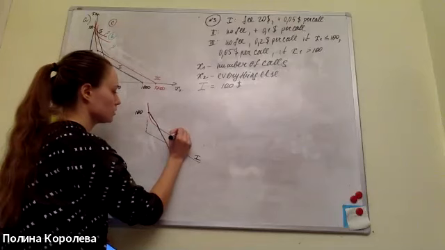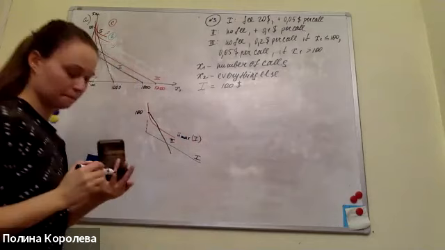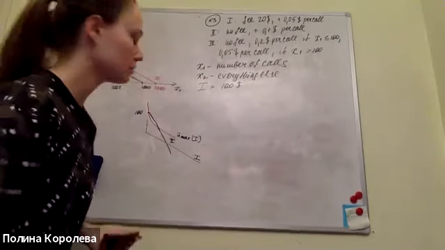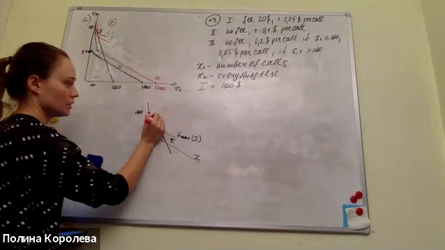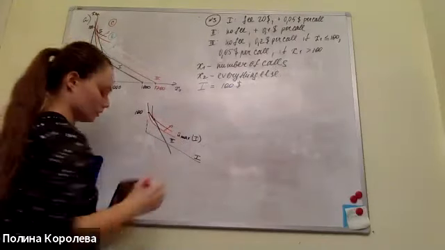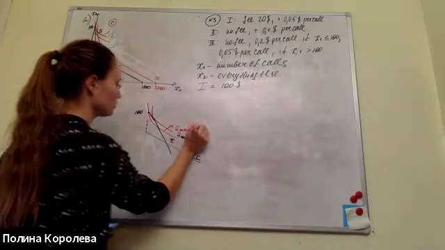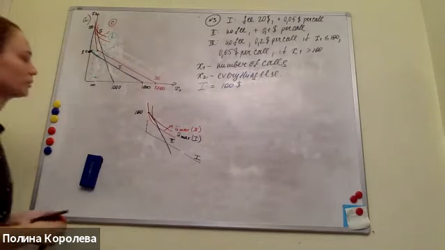Let's write down that this is your maximal utility under option 1. And under option 2, we know that more is better. So where will we move if we choose option 2? Somewhere here. And this will be the maximal level of utility under option 2. That's all for point C.